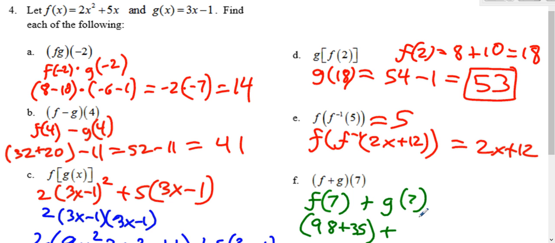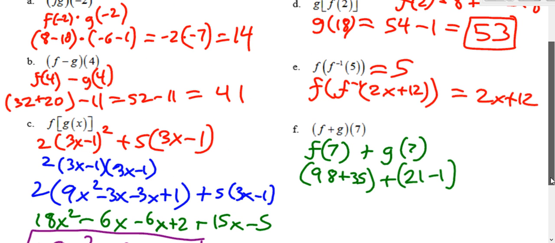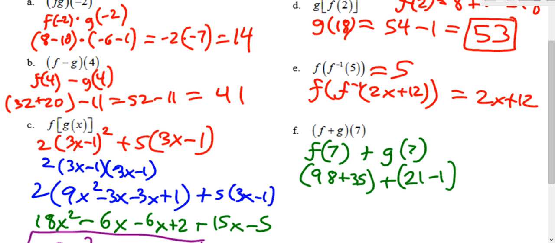And then plug in 7 to g. That's 21 minus 1. So 133 plus 20 is 153.